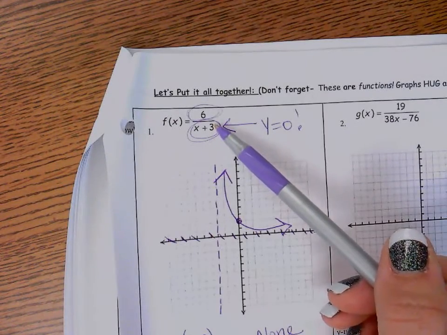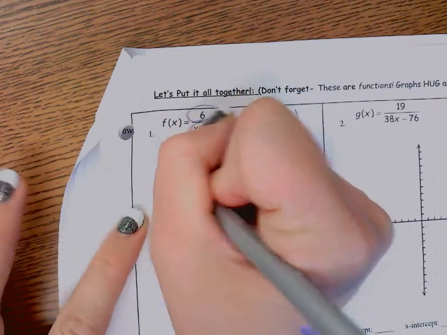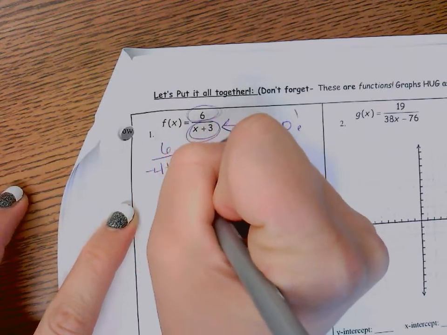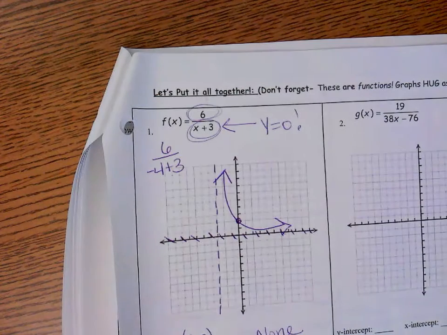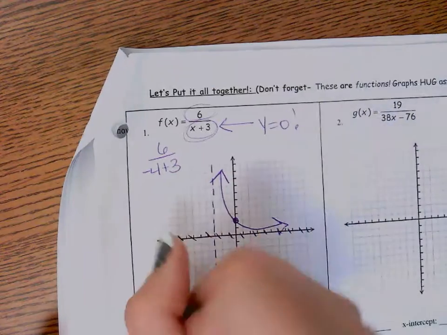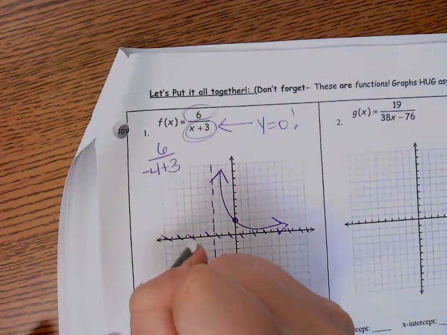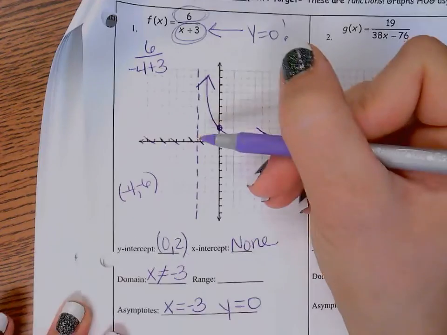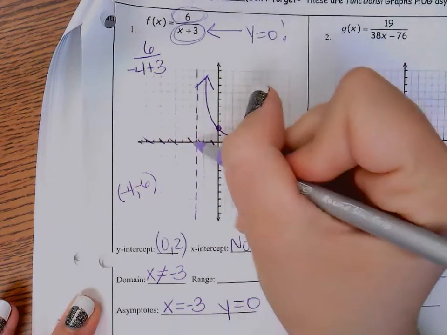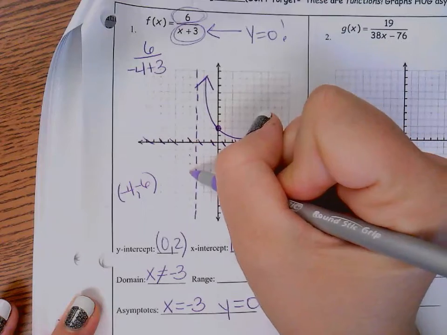So if we plug in -4, 6 divided by -4 plus 3 is how much? Just -6, because I get -1 in the denominator, and so I get 6 over -1. So I know that the point -4, -6 lies on my graph. So -4, 1, 2, 3, 4, 5, 6.